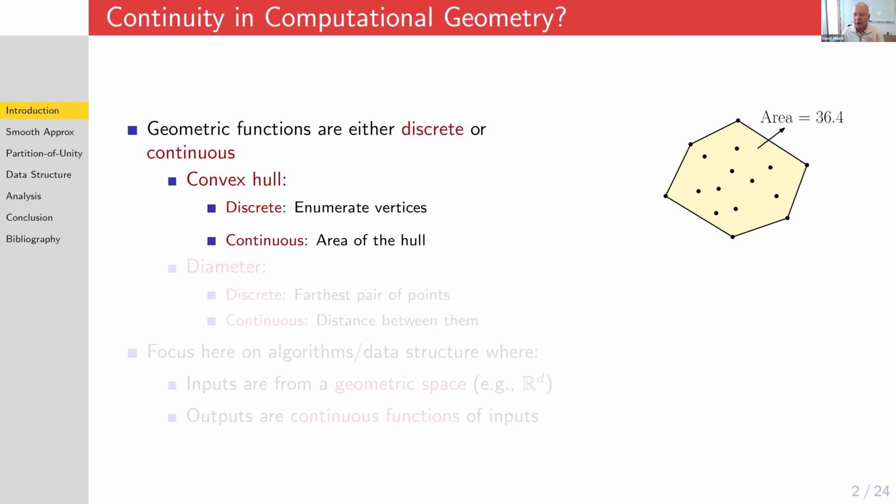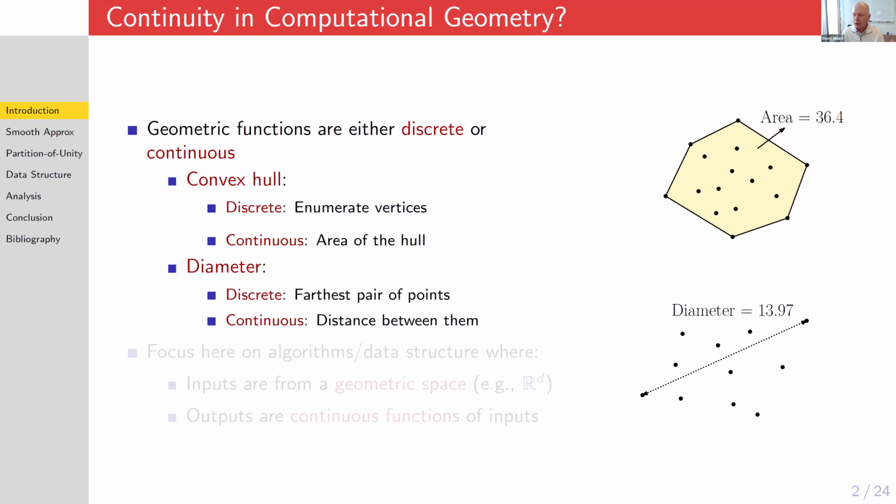On the other hand, I might also be interested in a purely real valued quantity like the area or volume of the convex hull. Something like diameter, in the case of discrete information, I might want to find the two diametrical points, or I might want to know the distance between these points.